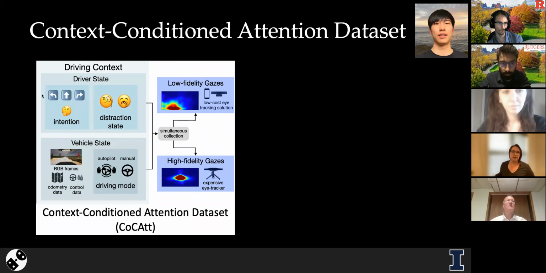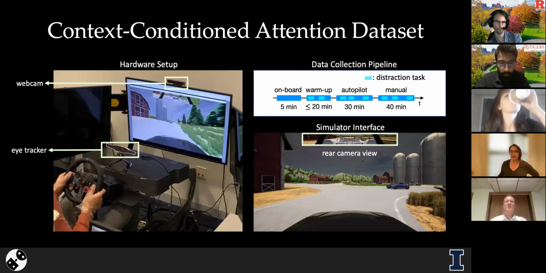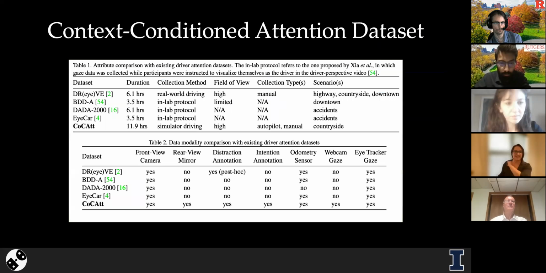We've been trying to capture things like attention and driver states, as well as the mode of behavior. This is one of the first data sets that's really looking at how people's attention changes when you go from autopilot to manual mode or back and forth. So there's been some fun stuff there. We also controlled for distraction. I think I mentioned that, and I won't talk about anything else there.